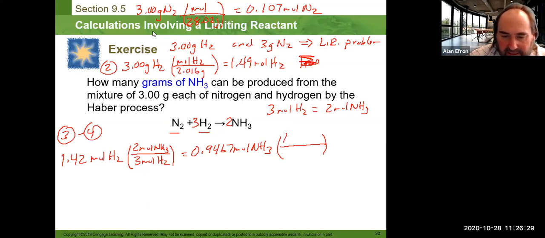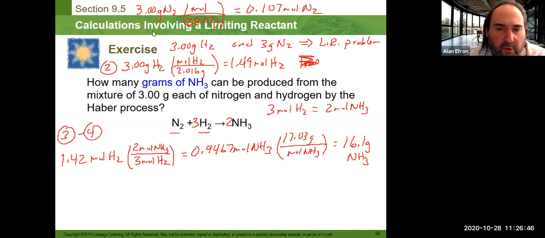That is 17.03 grams per mole of NH3. And that would get us 16.1 grams of NH3. So what that number represents is how many grams we would produce from H2 in this case.